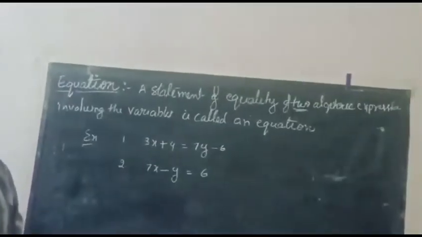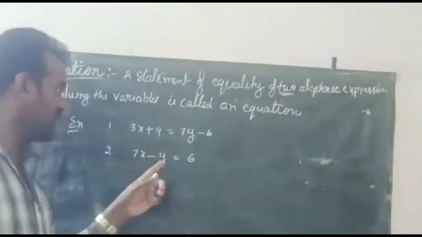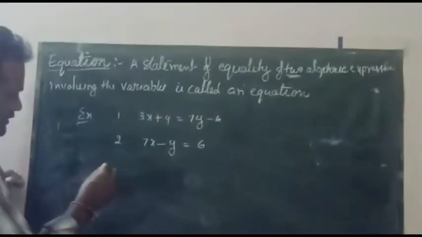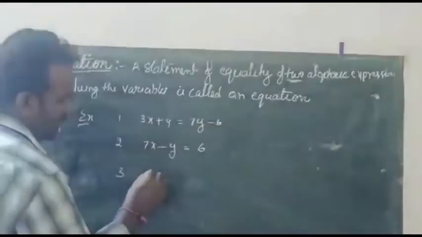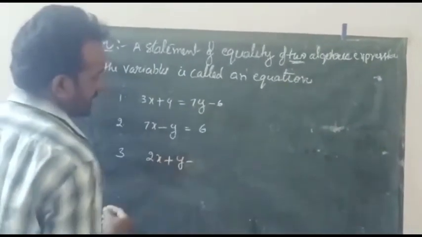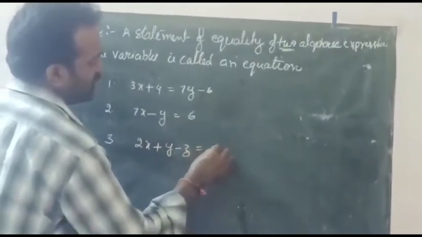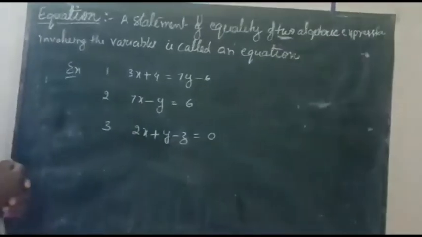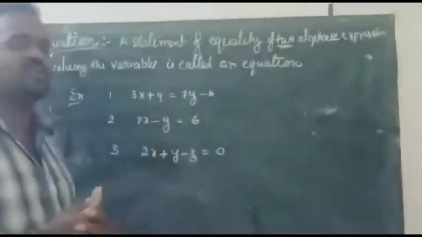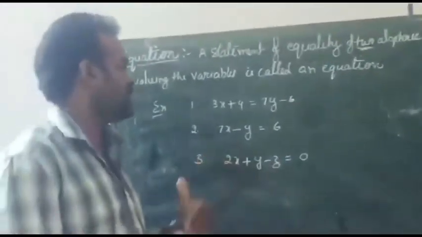Next, the third example, 2x plus y minus z is equal to 0. This is also another example.